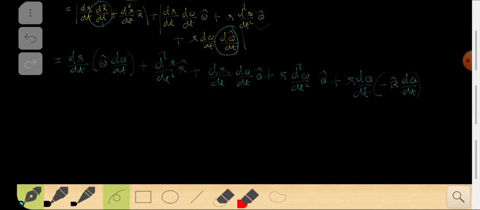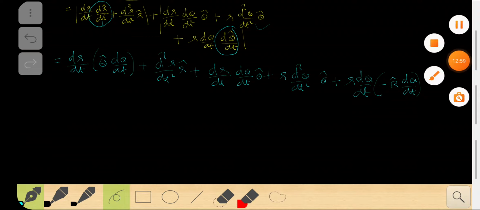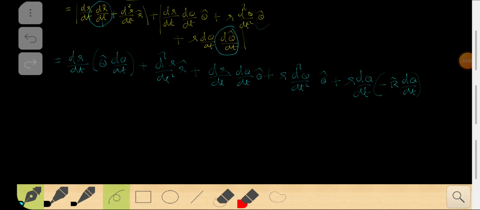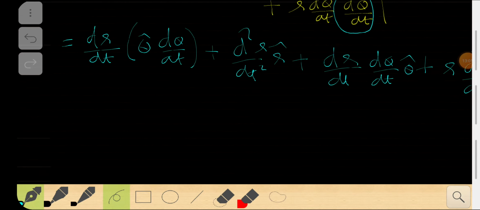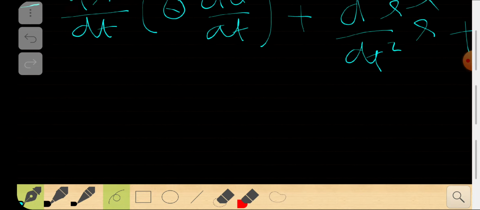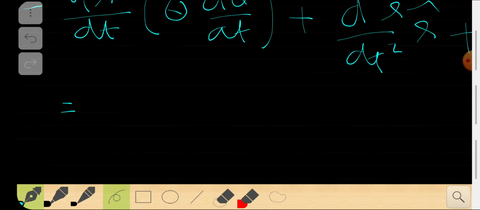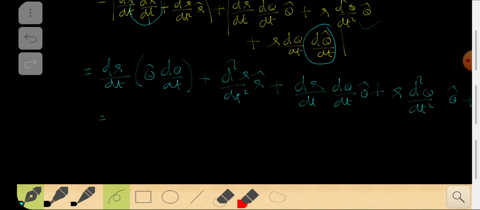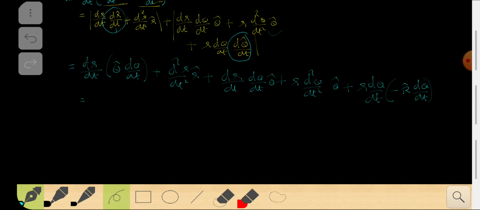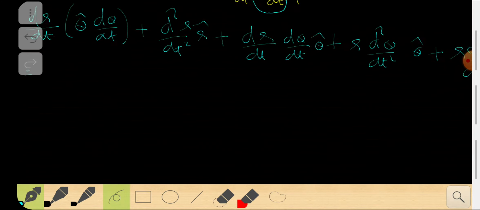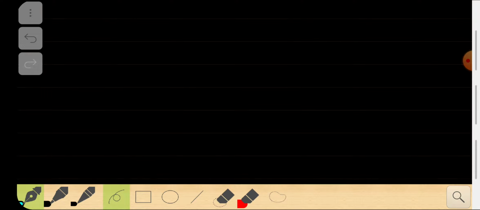Now I have to rearrange them in terms of two things. First, in terms of θ cap. Pause this video and write down this equation, and now look at it when it is rearranged.